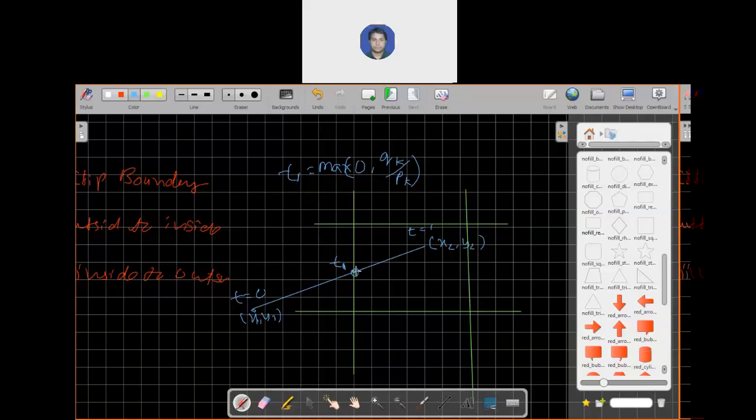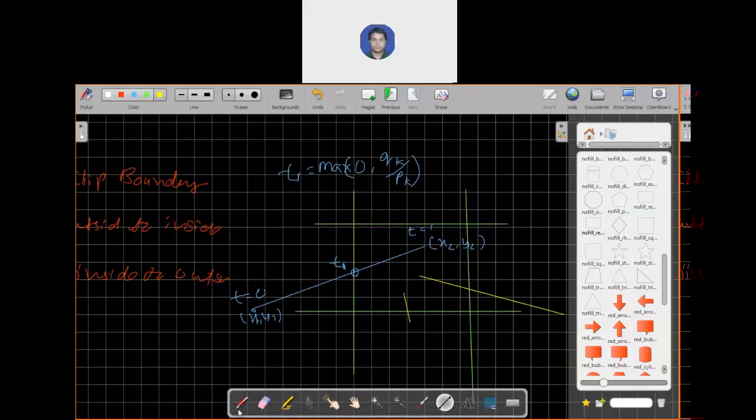If you are exiting from your clip window, suppose this is the case.